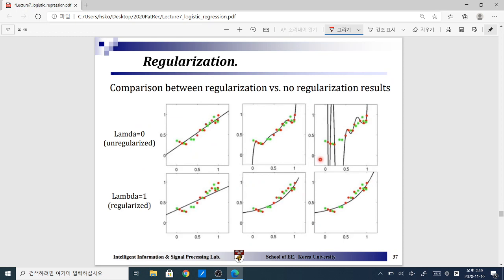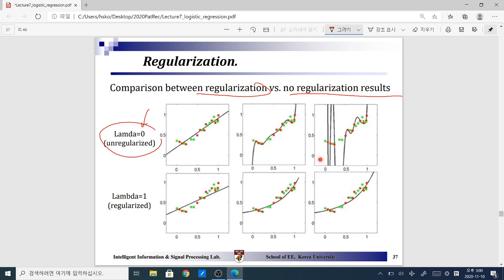So, for example, we have two cases: the one with regularization done versus no regularization done. This is when no regularization is done, for, let's say, three different possible scenarios: underfit, overfit, and just about right, for, say, lambda equal to 0.